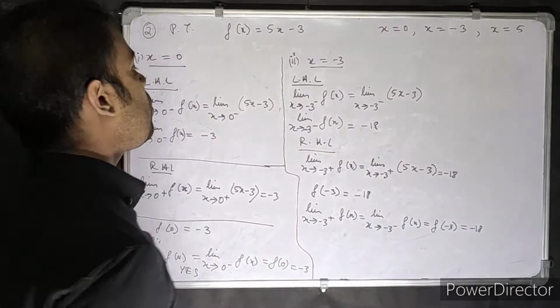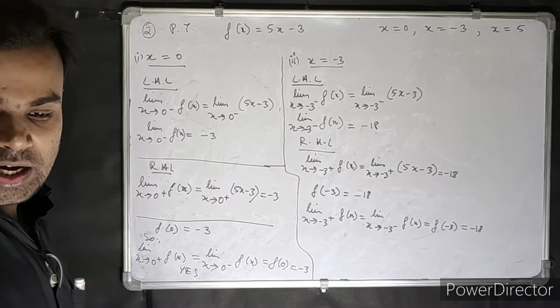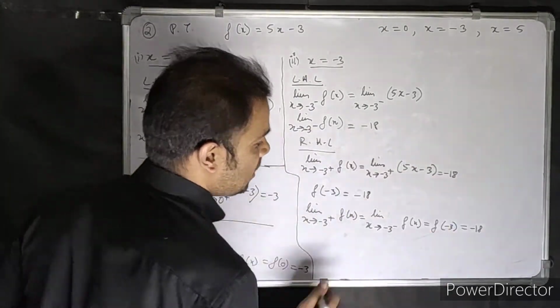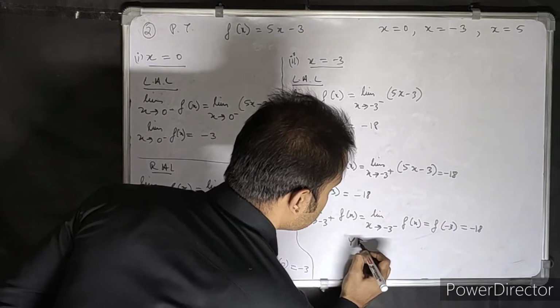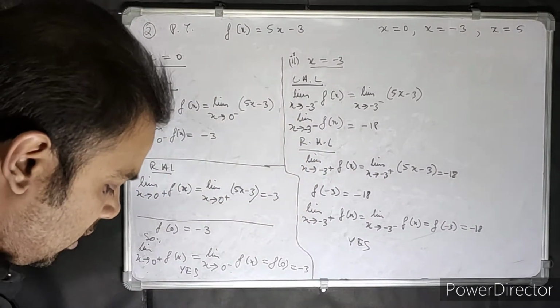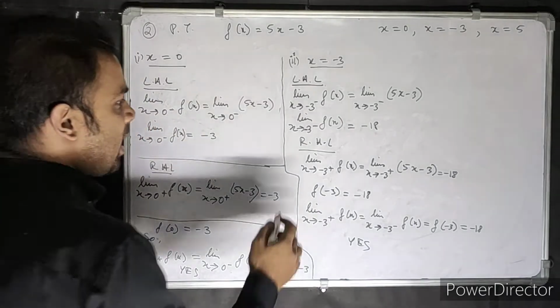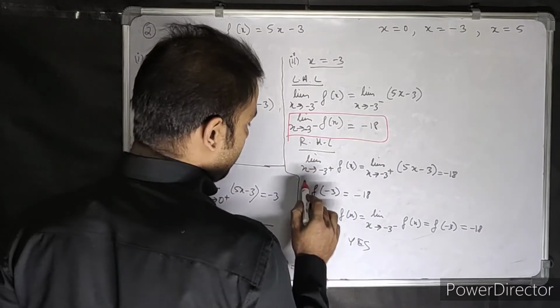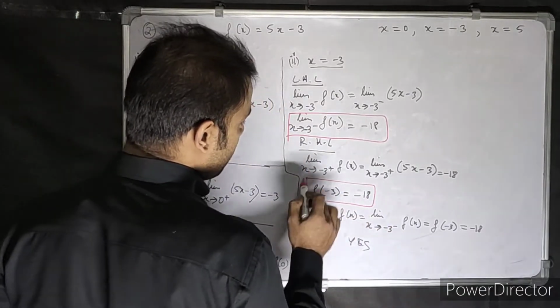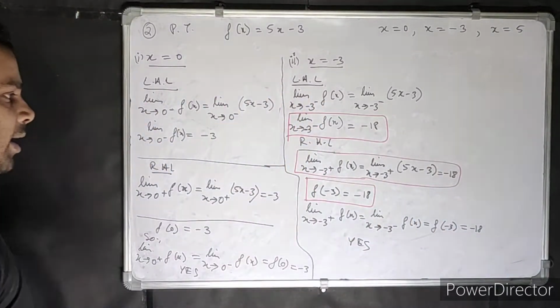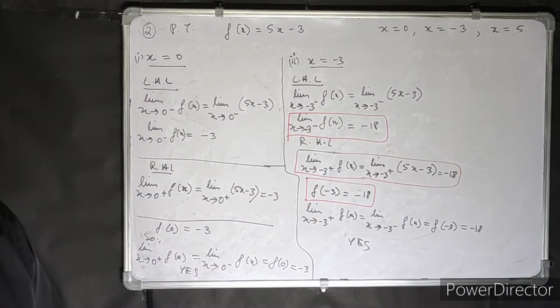The 5th part I leave for you. You can check whether the function is continuous. You can see this is minus 18, this is minus 18, and this is minus 18. So yes, the function is continuous at x equal to minus 3. These are the 3 things you will check, and you will say yes, that's continuous.